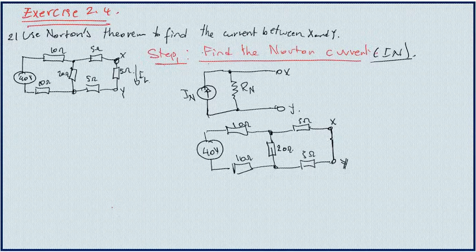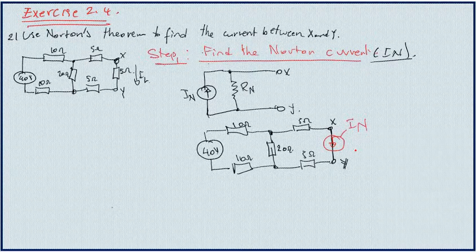So now from this circuit, I'm gonna need to determine the current flowing in this portion. That's gonna be called Norton current. So how to determine the current in this portion?